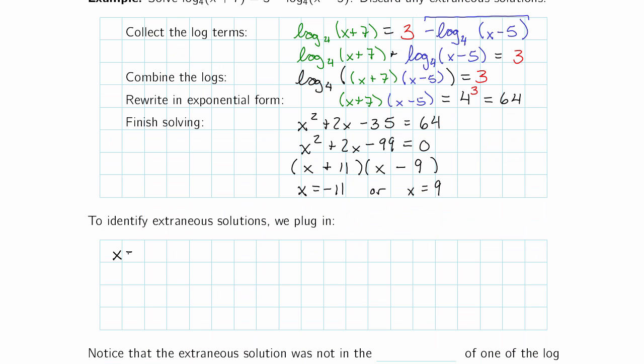And if we have an extraneous solution, one or more of the logs will be undefined. So with x equals negative 11, we have the log base 4 of negative 11 plus 7, which would be the log base 4 of negative 4. Oh, that's undefined. So x equals negative 11 is an extraneous solution.